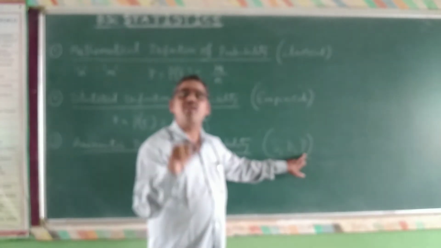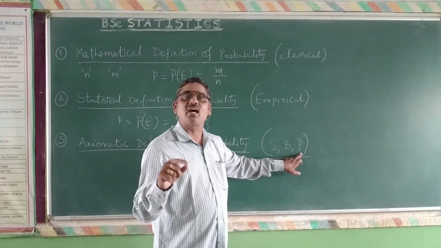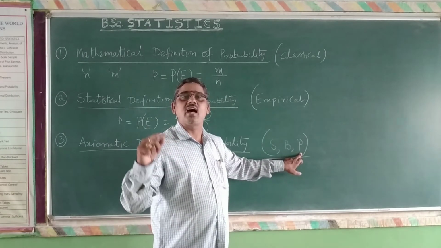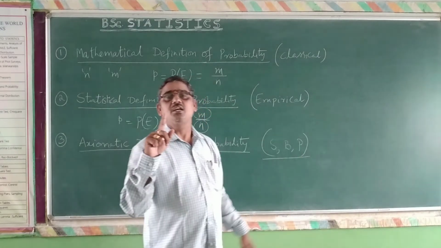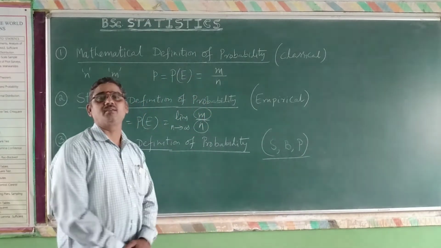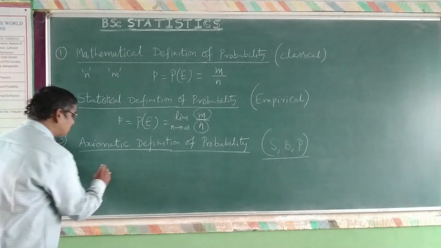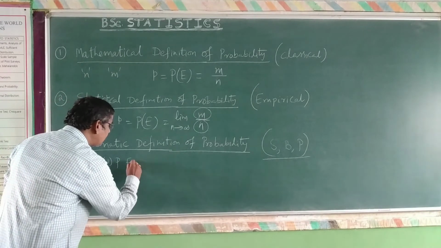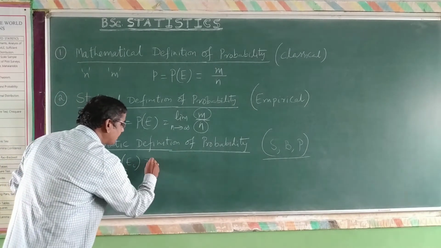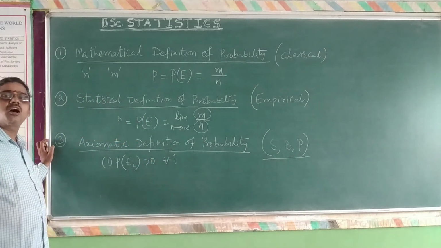When we say this P is a probability measure, it means it satisfies some conditions, and only then is it specified as the axiomatic definition of probability. What are those conditions, those axioms? One: the probability of any event Ei is always greater than or equal to 0 for all i, whatever event you consider.